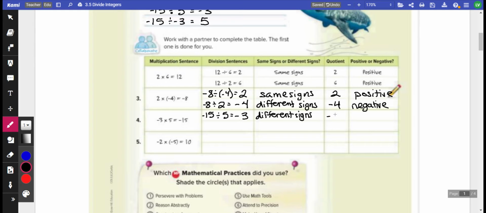The quotient is negative 3, and it's a negative. Then we have negative 15 divided by negative 3. Well, 15 divided by 3 is 5. The negative divided by a negative is a positive. These have the same sign. The quotient is 5, and this is a positive.